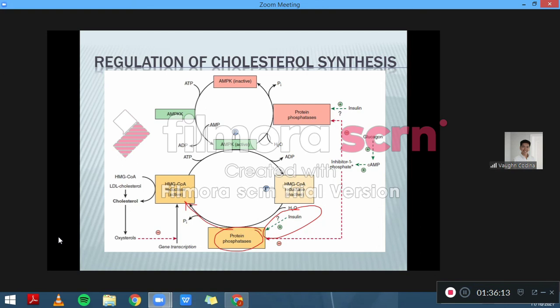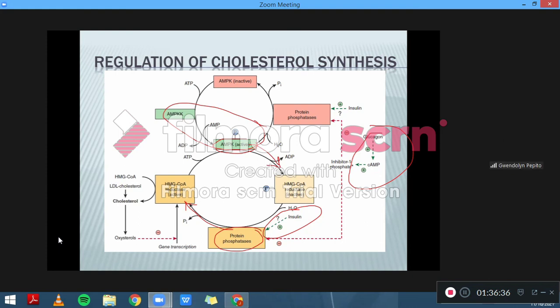Glucagon, on the other hand, increases the phosphorylation of the enzyme through kinases. When it's phosphorylated, it's less active, so there's less synthesis. Those are the two mechanisms for the regulation of cholesterol synthesis.